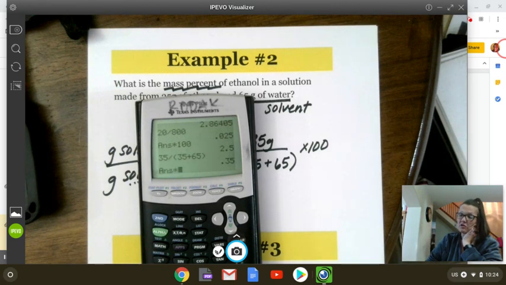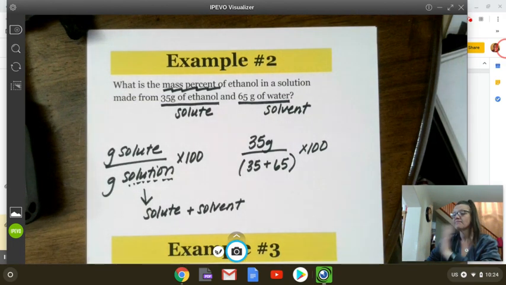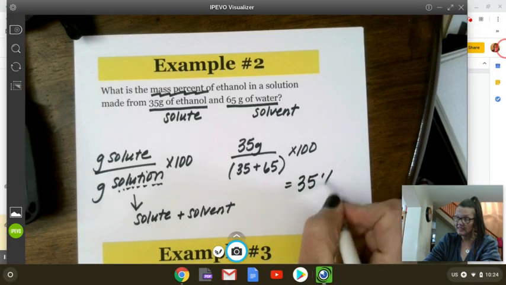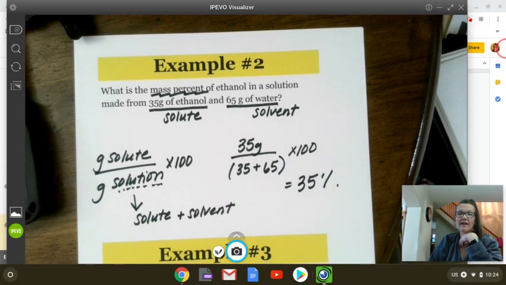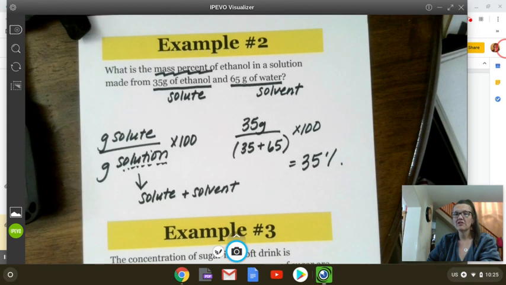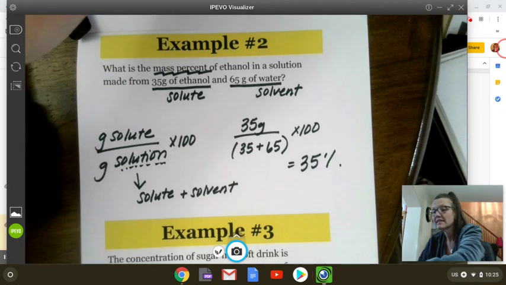Then, of course, we multiply it by 100 to get our percentage of 35. So this is equal to 35%. So if I have 35 grams of ethanol and 65 grams of water, I would be dealing with a 35% alcohol-based solution.